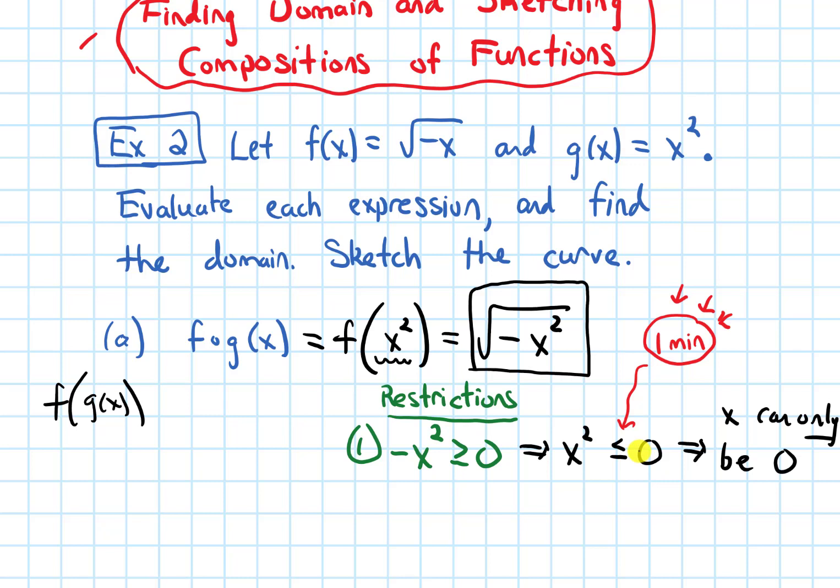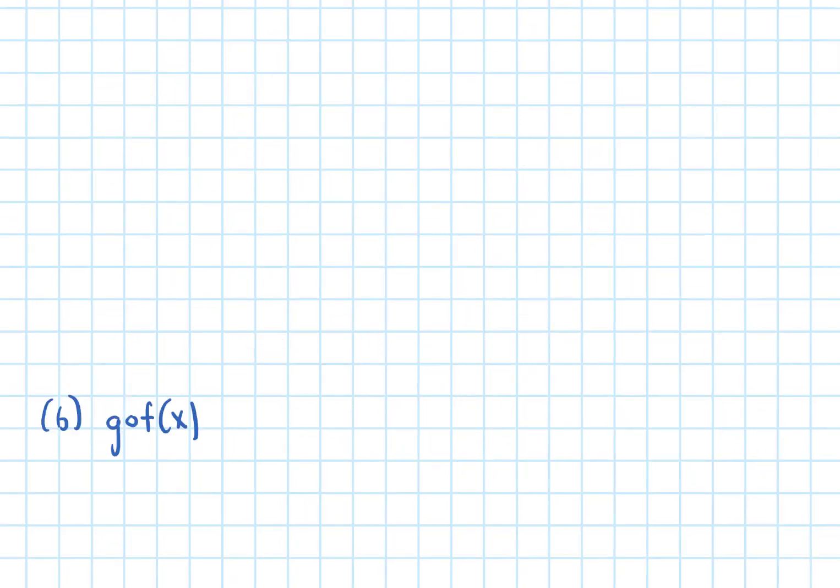In terms of my restrictions, this is saying there's only one number in the domain. It's just 0. So our graph has just one point because there's just one value in the domain. That one point occurs when x is 0.